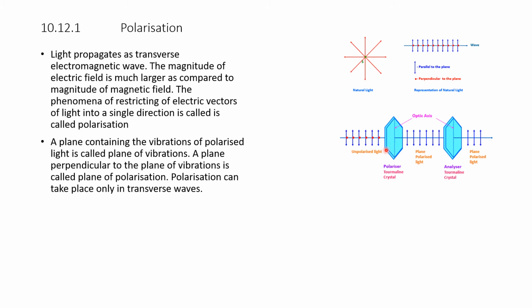It converts both the light vectors into one particular direction only. Either it will allow the vertical or the horizontal component of the light, depending on its polarizing capacity. See here, after passing through this polarizer, the light wave gets polarized. This is plane polarized.